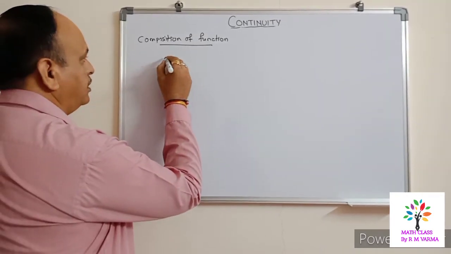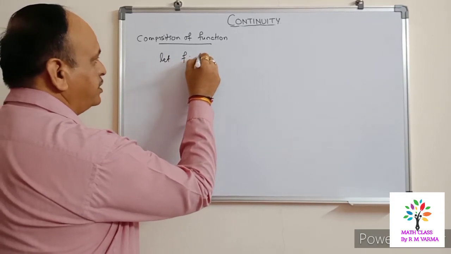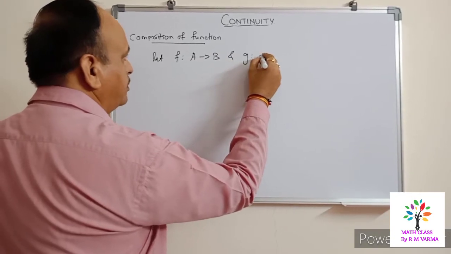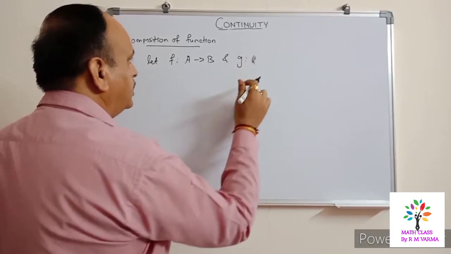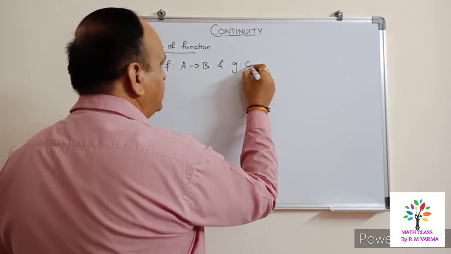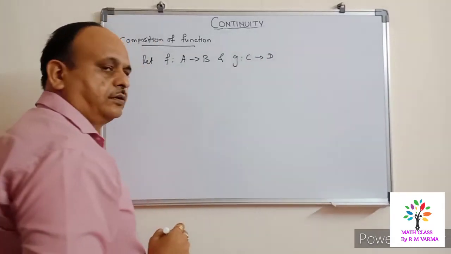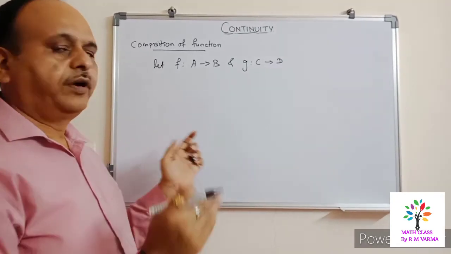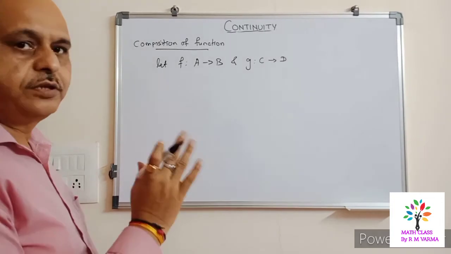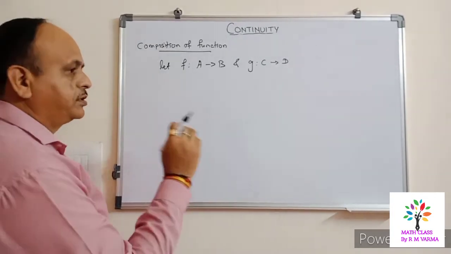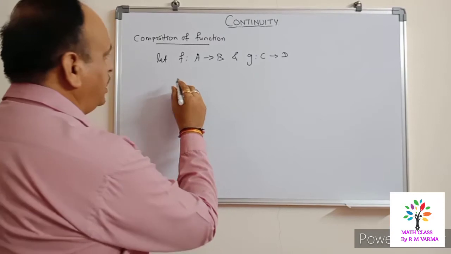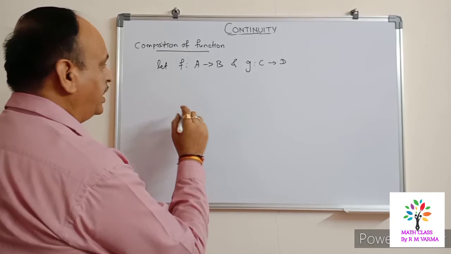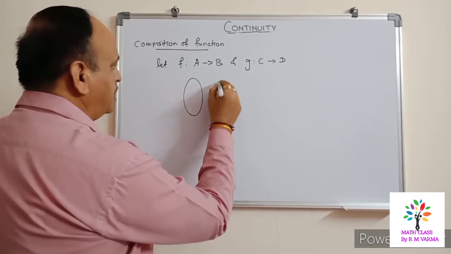So let f be a function from A to B and g be a function from C to D. There are two different functions, f from A to B and g from C to D. We want to combine these two functions, so composition of functions is required. I will try to make you understand again with the help of a diagram.